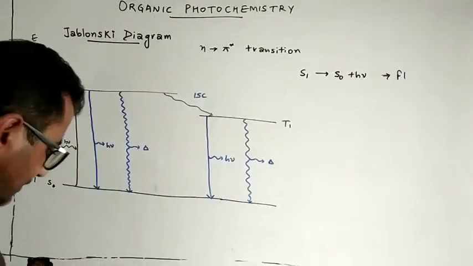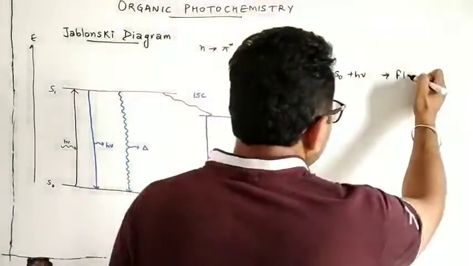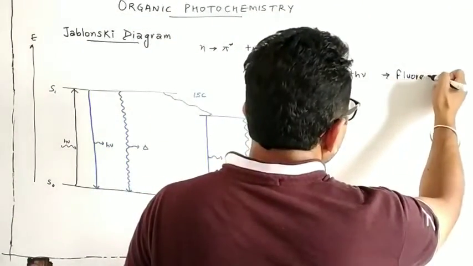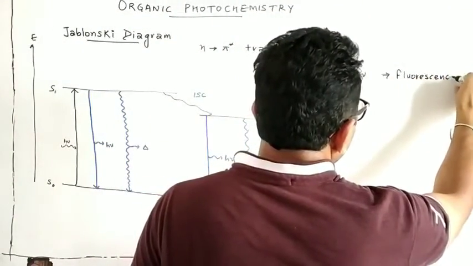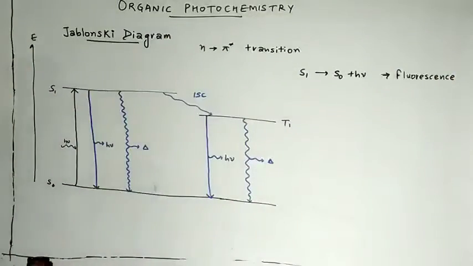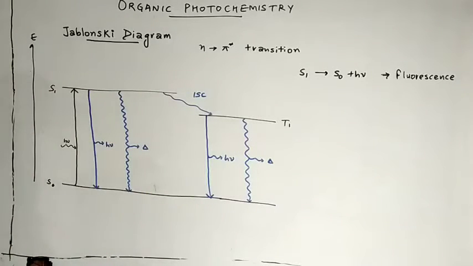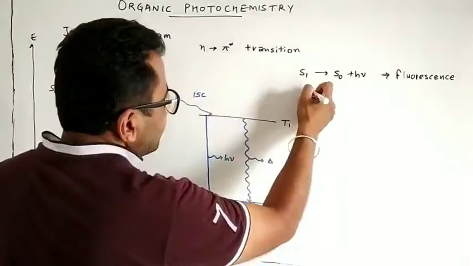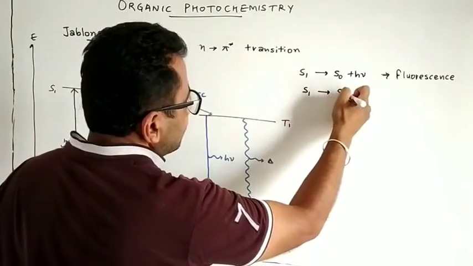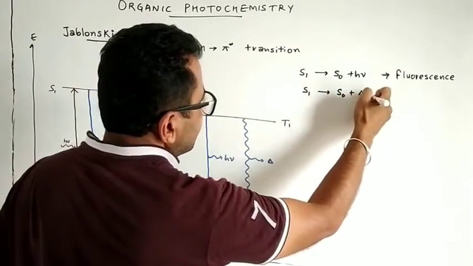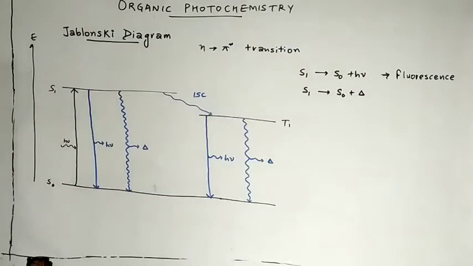This process is called fluorescence. Clear? Energy is emitted in the form of radiation. Then next is S1 to S0 by emitting heat. This triangle represents heat. So the second step is S1 to S0 by emitting heat. This is called internal conversion.